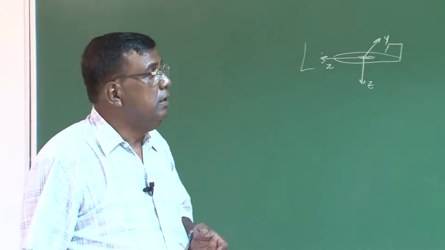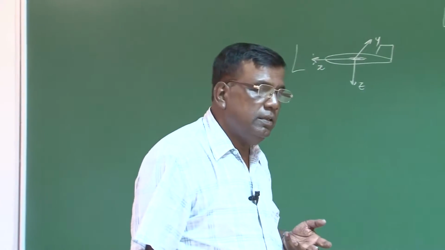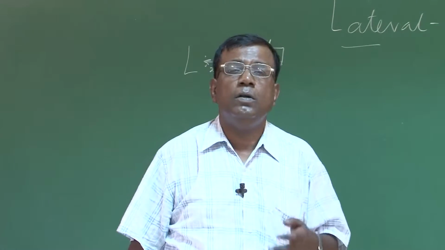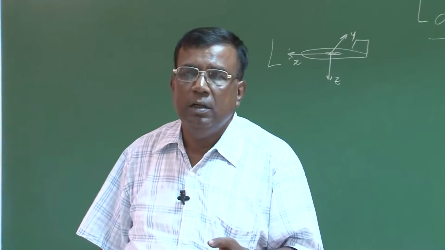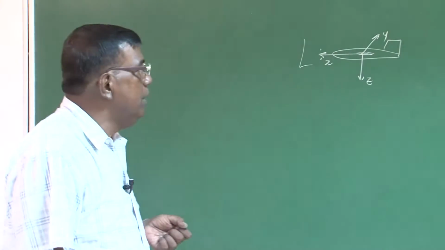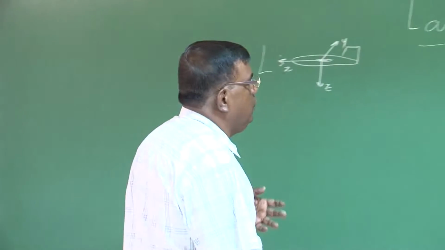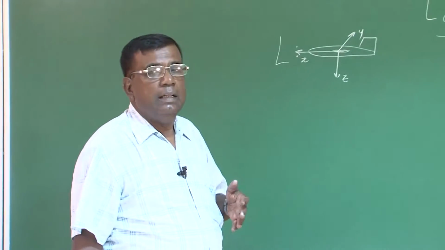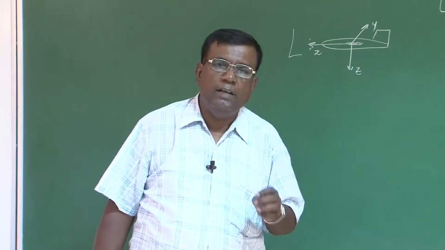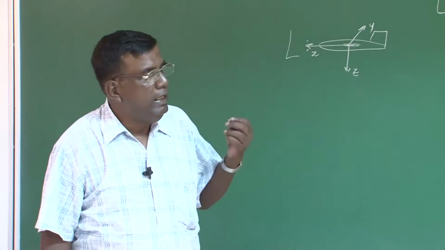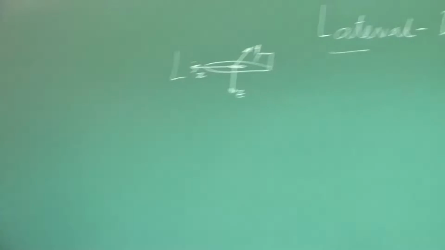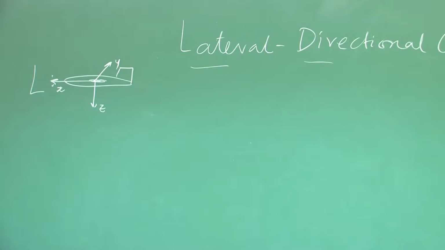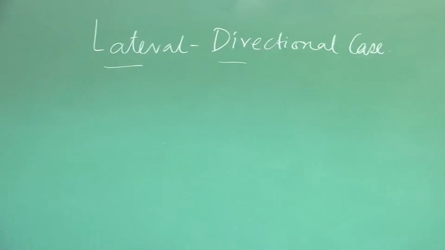Although we will see some approximate studies where we assume lateral dynamics and directional dynamics separately, these also yield some useful information, especially for the designers. Our approach was first to write the equations of motion, which we have already derived, then introduce perturbation, and then follow similar steps as we did for the longitudinal case. Nothing extra is being done here as far as technique is concerned.